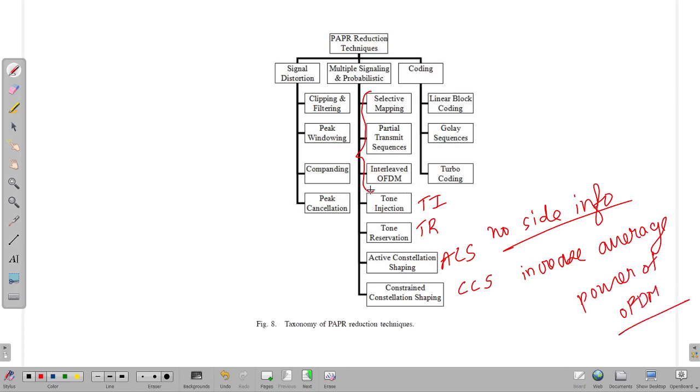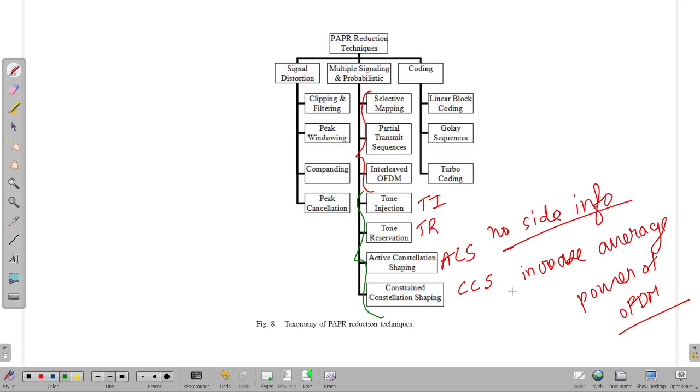So the advantage is that for these techniques, side information need not be sent. So we have a better data rate when compared to the previous three techniques. These have a better data rate, more spectral efficiency.